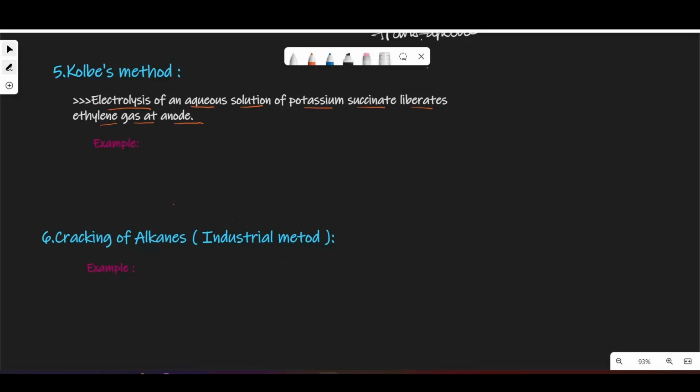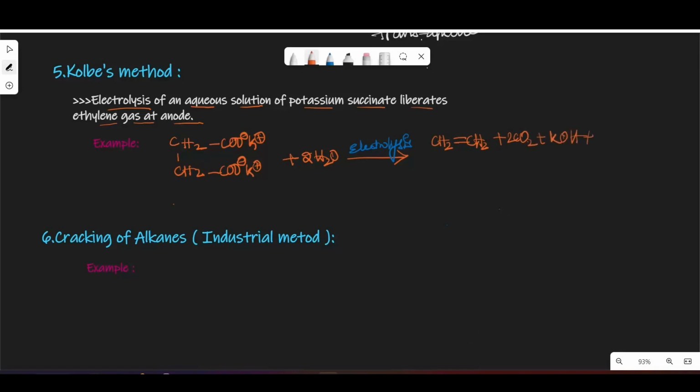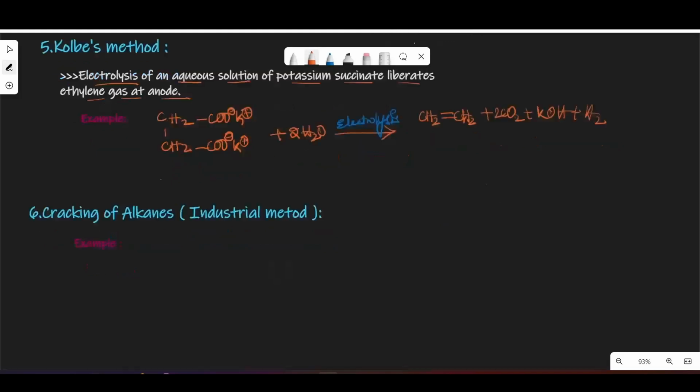Here we are taking CH2COO⁻K⁺ and CH2COO⁻K⁺, and we do the electrolysis. Then we will get ethene plus CO2, and KOH plus H2. This is about Kolbe's method.